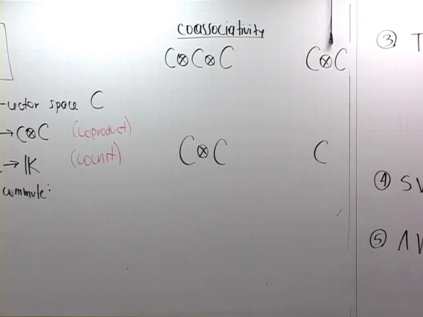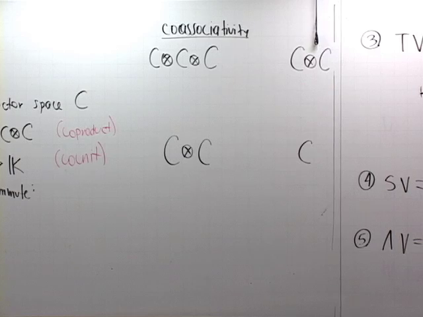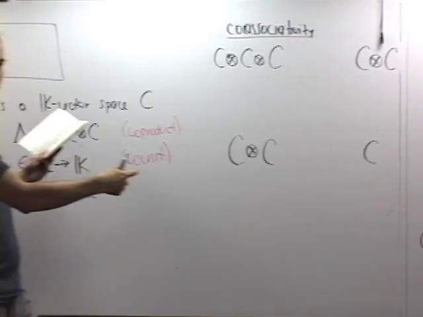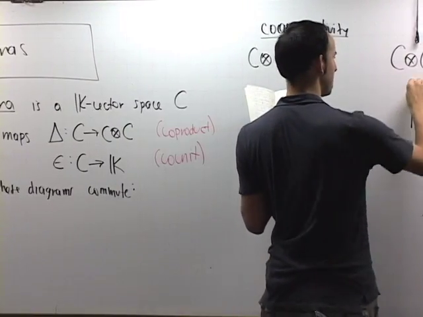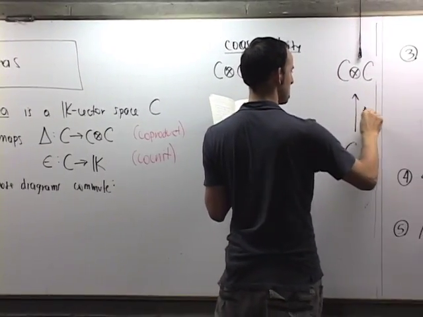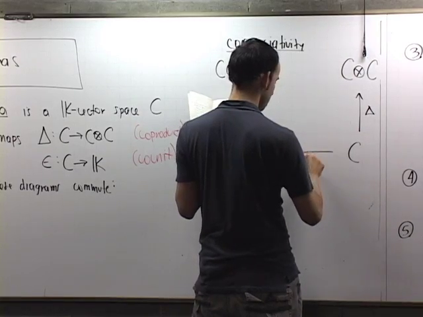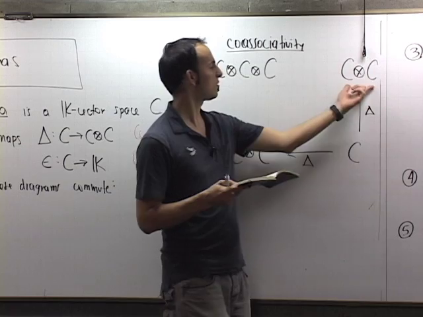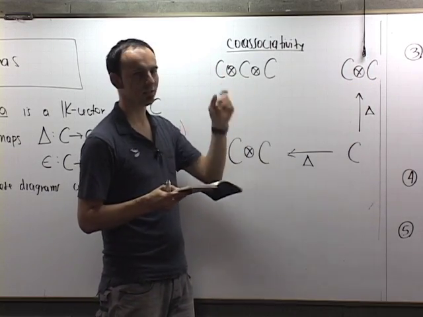So we have the same things, same tensors, but now let's see what maps we should put. Delta goes from C to C tensor C. So presumably this should be delta, and this should be delta. Okay? And how do you map C tensor C to C tensor C tensor C?